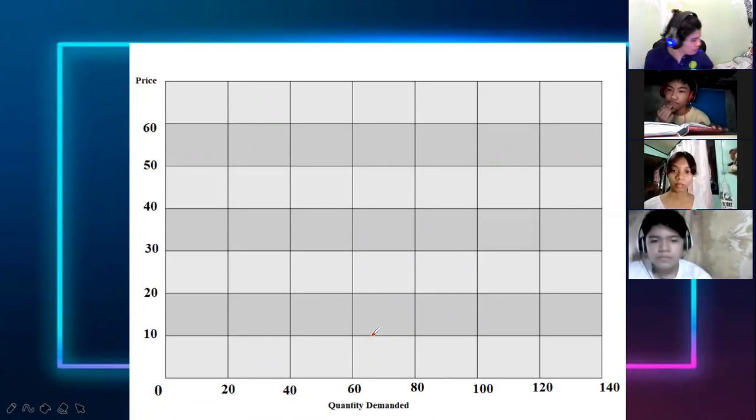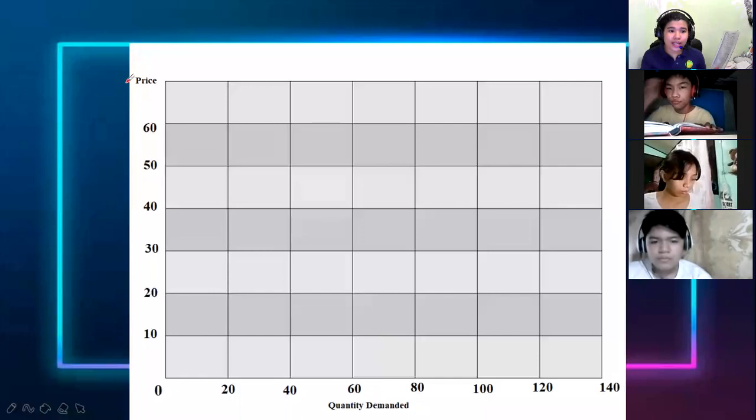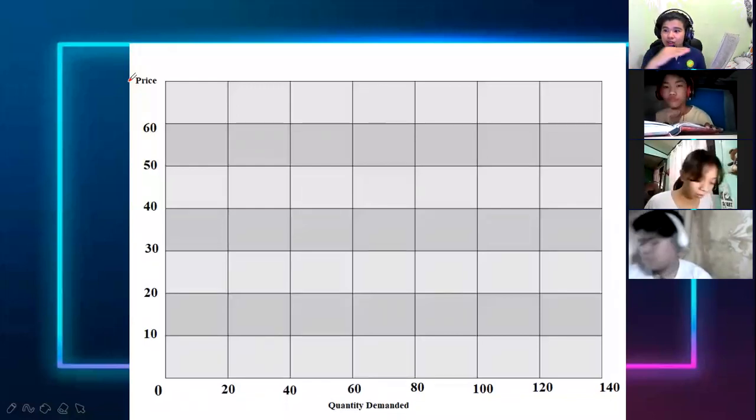Okay, so point A is for guyabano. The demand is 0 and the price is 50. The price is on the y-axis, and the quantity demanded is on the x-axis, horizontal.